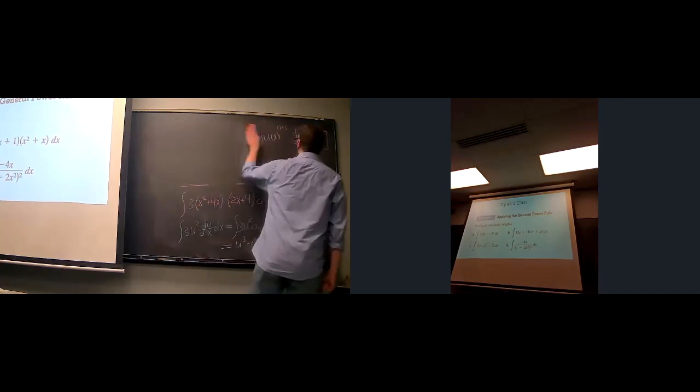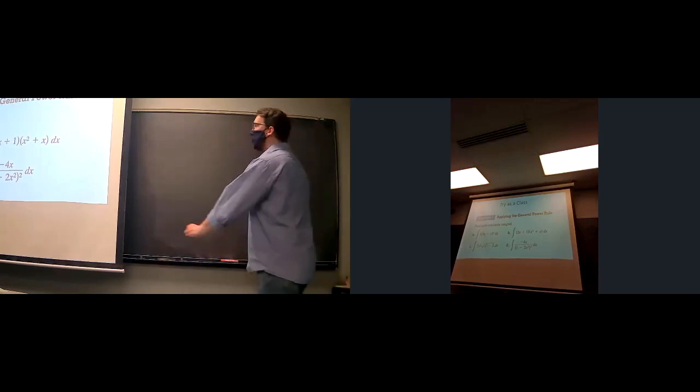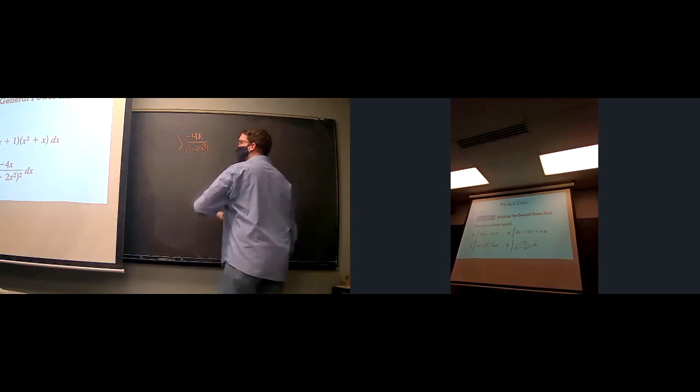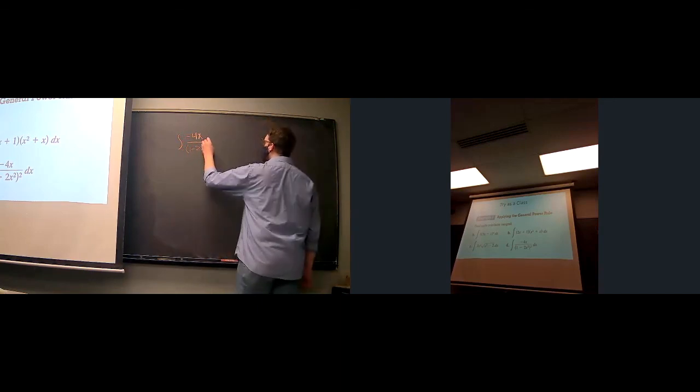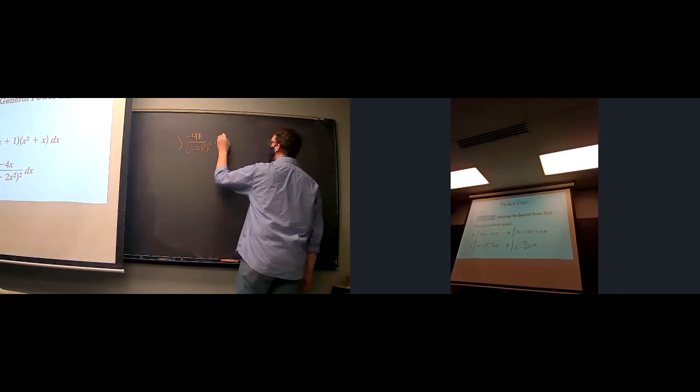So let's start there. So we've got the integral of negative 4x over 1 minus 2x squared, that quantity squared, integrated with respect to x.